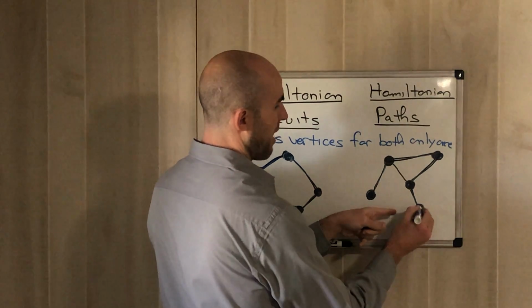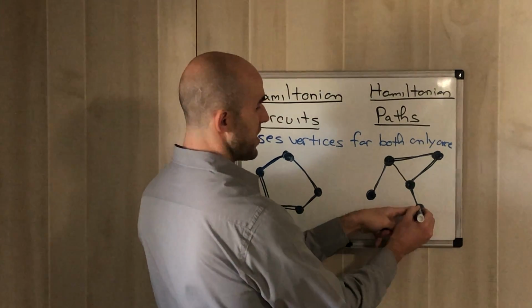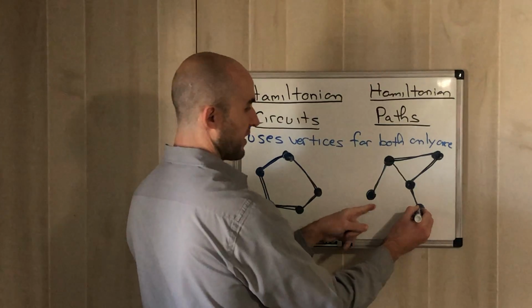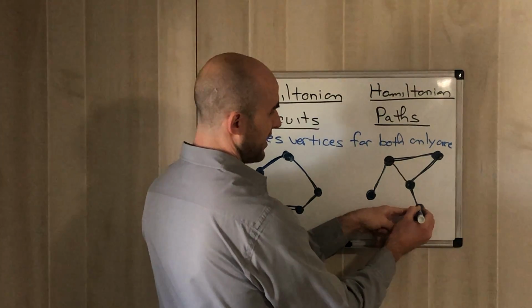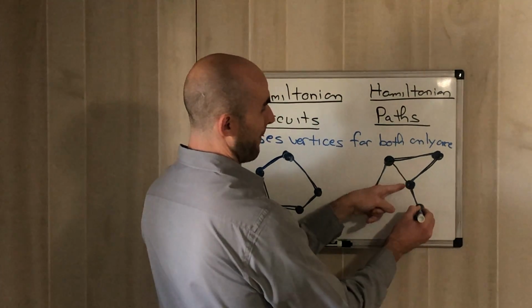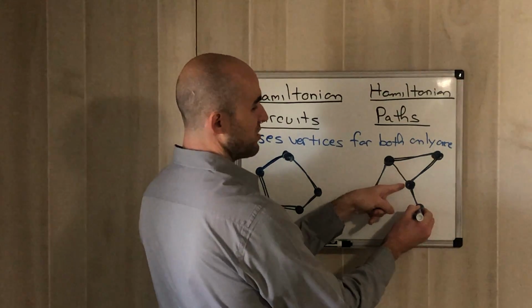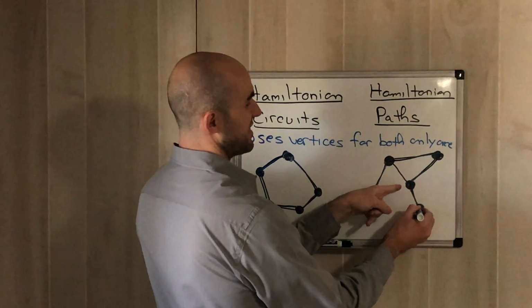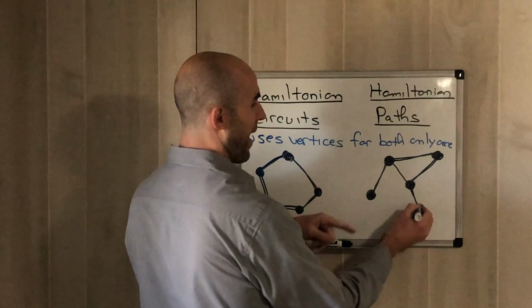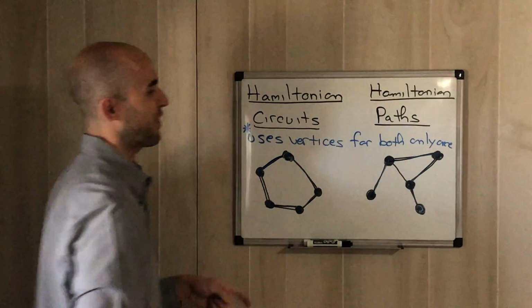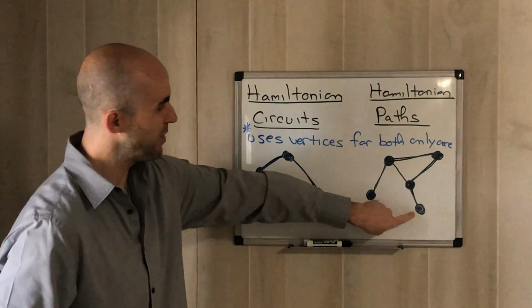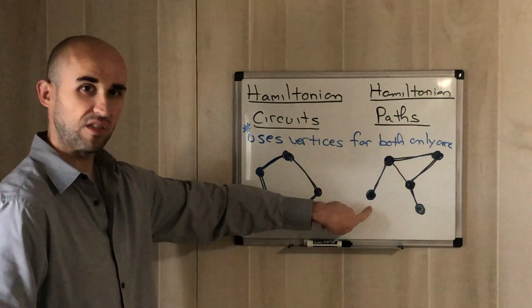But now that's the problem. The reason it's not a circuit is we can't go back to where we started. If I were to go back this way, the problem is I already used that point, so I can't repeat it. Since I can't repeat it and can't get back here, that's why this is a path. It's a path because we finished somewhere other than where we started.